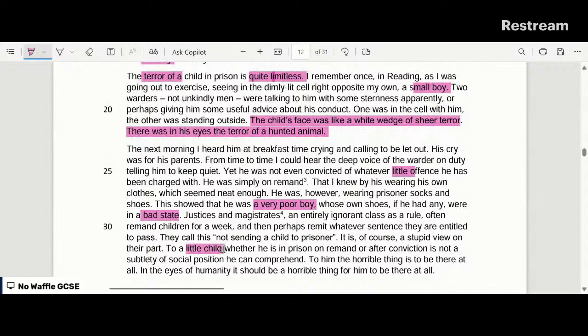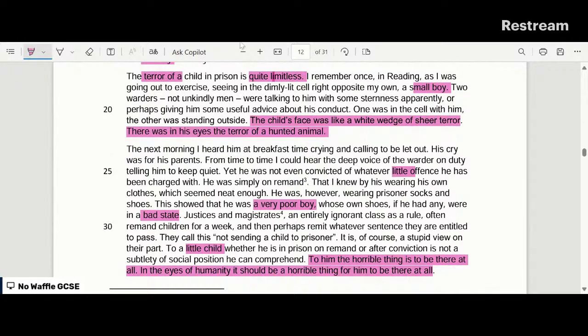And then you've got that final sentence there, which highlights everything. In the eyes of humanity, it should be a horrible thing. So the declarative, the modal verb, the things that we were speaking about. Now this is a language focused question, so we can talk about all of those things in depth.